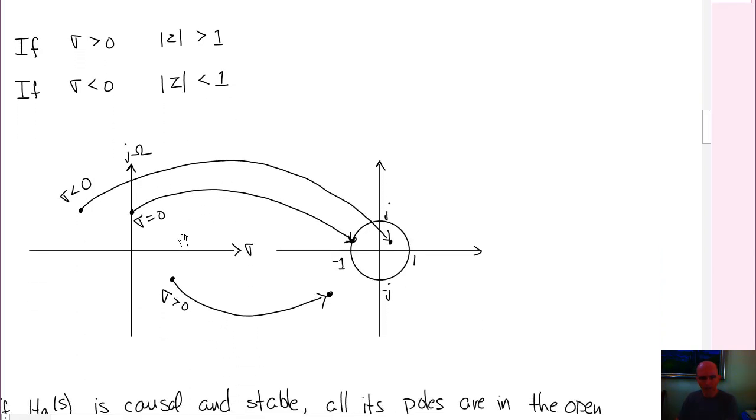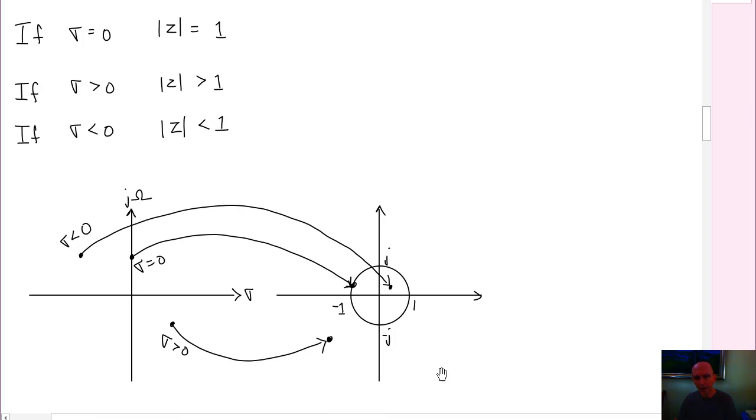In other words, sigma greater than 0 means we're in the right half plane, and everything in the right half plane translates into a magnitude greater than 1. And so the whole right half plane of the s plane transforms into outside of the unit circle.